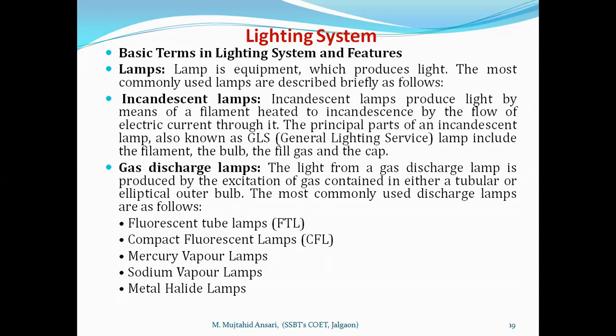So many times you may observe, or you can do the practical, that if you apply less voltage to the simple incandescent filament lamp, it does not produce much light, whereas it produces only heat. But as soon as we give the rated voltage, then it will produce the proper illumination or proper light output.